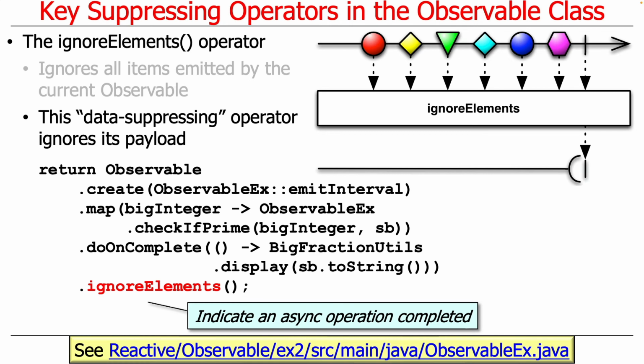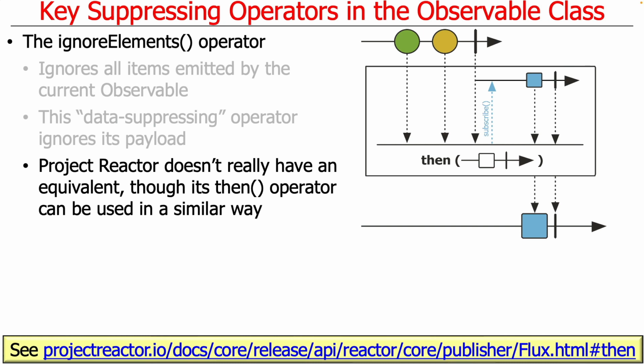And the reason is there might be something up the chain that wants to know when something is finished so it can keep track of how many asynchronous computations are running and then shut itself down when they're all done. And in particular, that's exactly what we do with our async task barrier framework. Interestingly enough, Project Reactor doesn't really have an equivalent, although it does have this operator called then that can be used in very much the same way.